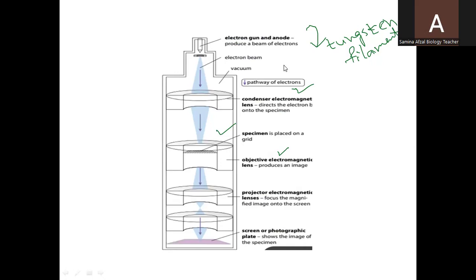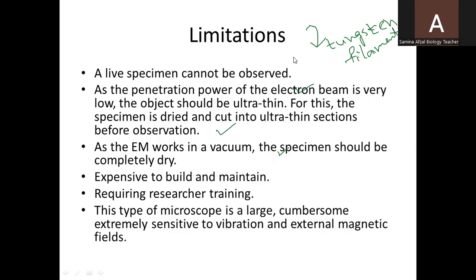There are some limitations in the production of the image by the electron micrograph. First of all, as I showed you in the previous slide, the vacuum. This electron microscope only works in a vacuum.